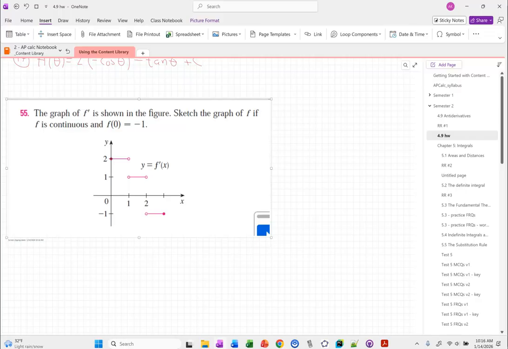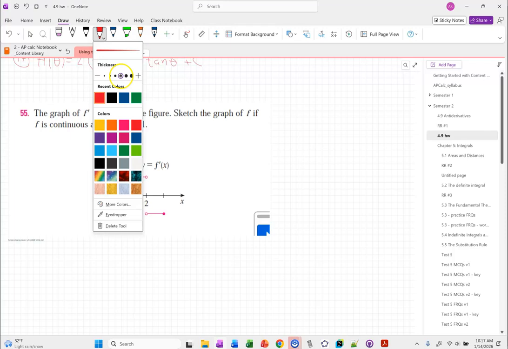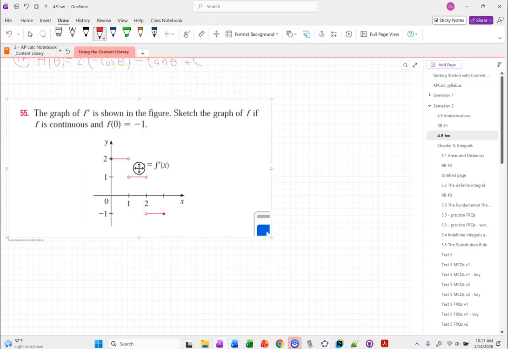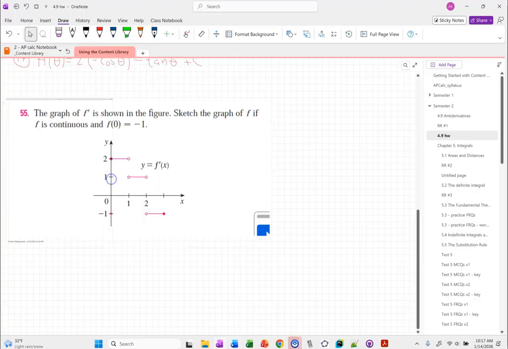The graph of f is shown in the figure. Sketch the graph of f if f is continuous and f of 0 is equal to -1. Is it okay if I just draw it on the same paper? So this is my derivative, correct? Yeah.